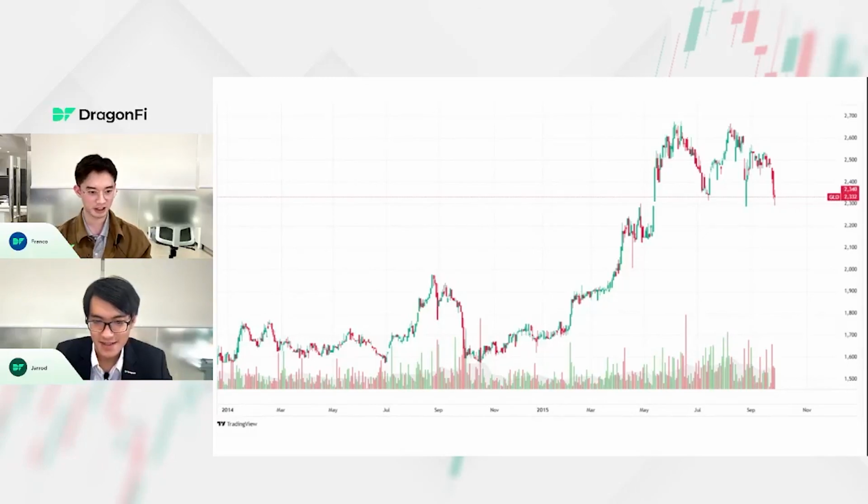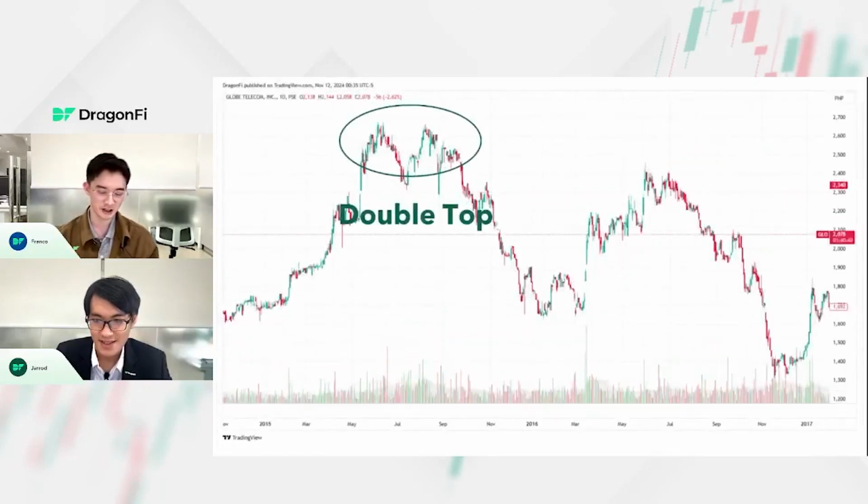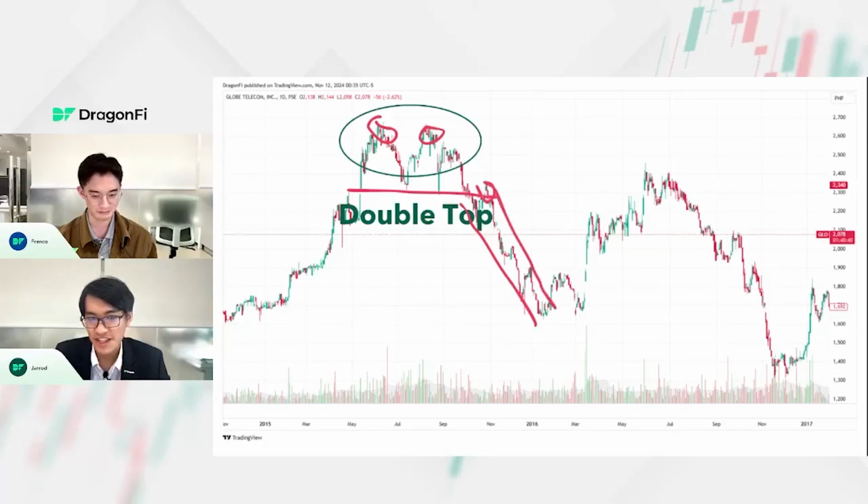Double top of Globe Telecom. That is correct. Here you have your first top, your second top, your support area, and then the breakdown. See, it actually attempted, like a bear trap or a bull trap, and then it just trended downward. Parang retest, no, of the breakdown point. So there you go, that's a double top example.